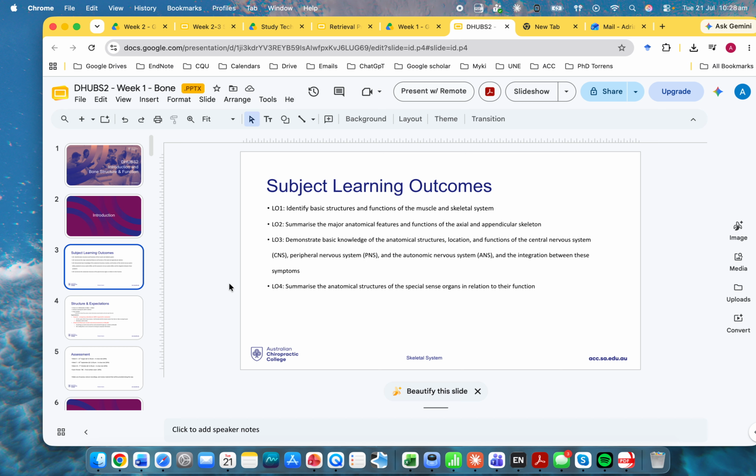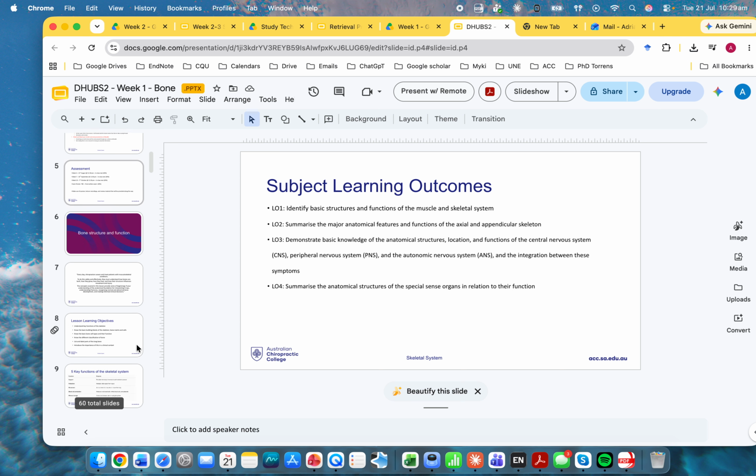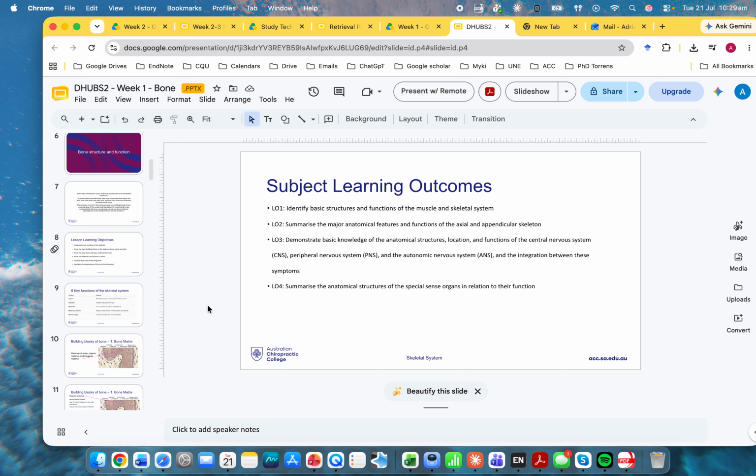So that then leads us to the actual lesson objectives, doesn't it? So if this is what the learning outcomes are, and if we're addressing the first learning outcome here, then what specific lesson objectives are going to be associated with this first learning outcome? Identify basic structures and functions of the muscle and skeletal system.